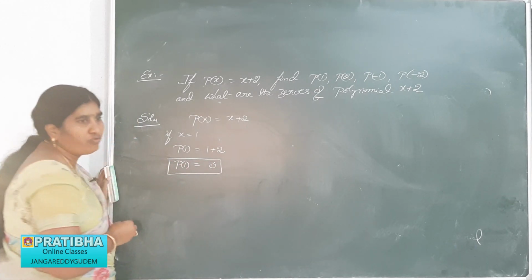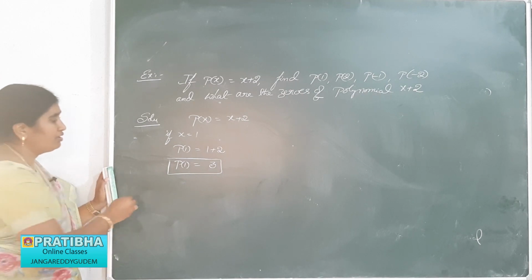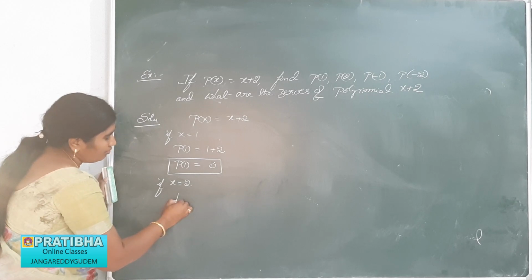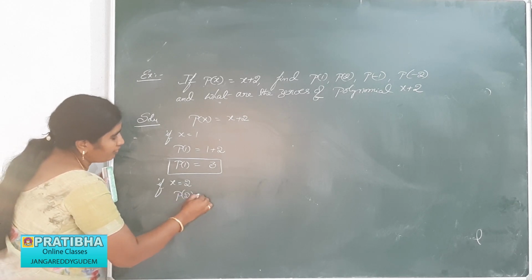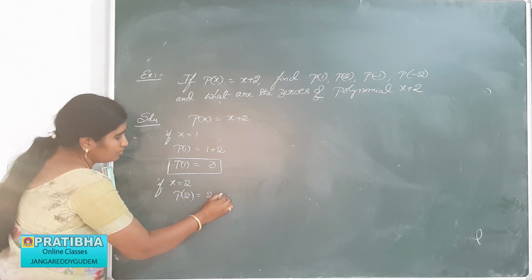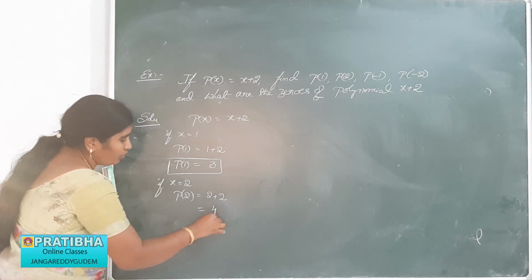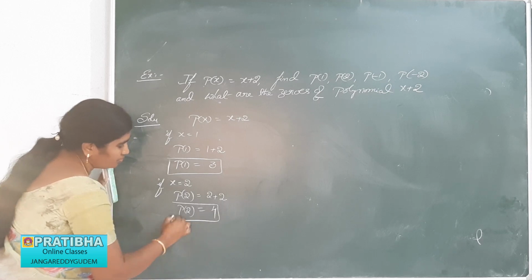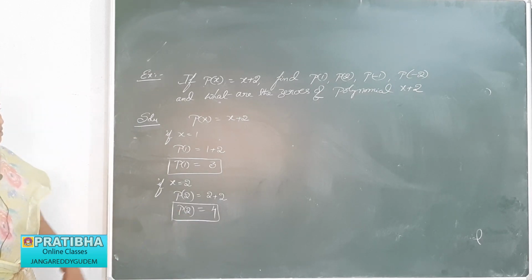The value of p of 1 equal to 3. Next, if x equal to 2, p of 2 equal to 2 plus 2, that equals 4. The value of p of 2 equal to 4.